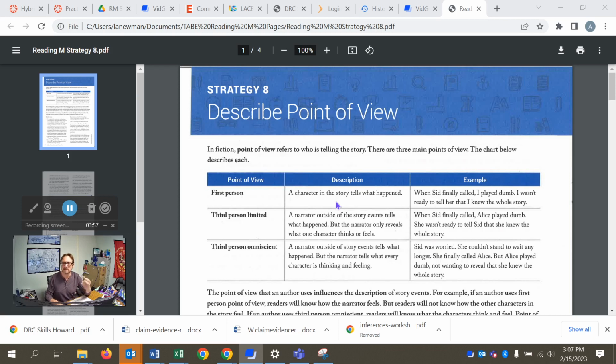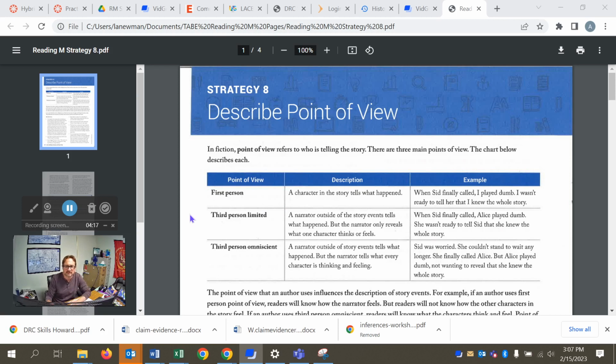Some experimental types may, but you see second person in informational text a lot more. Maybe they're trying to guide you as the reader through a process or give you some form of advice. And they may use second person and address you, the reader, personally.